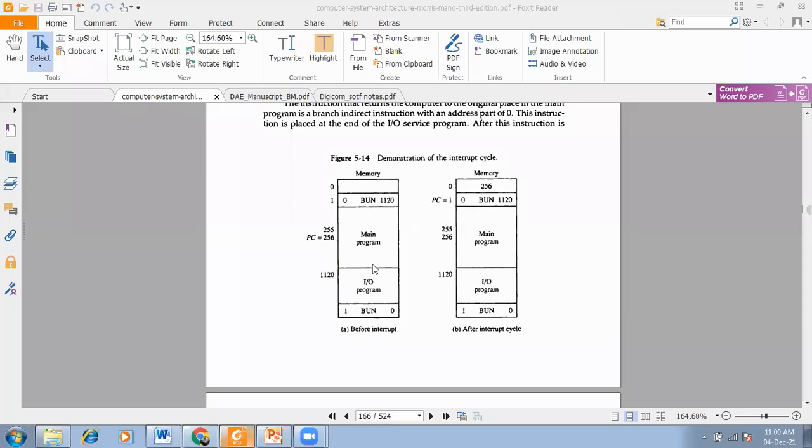Then you go on with normal operation. Okay, so that's why when you have any sort of interrupt, you have to keep the returning address, go there, perform the task, and come back again to your original position. So this is the case.